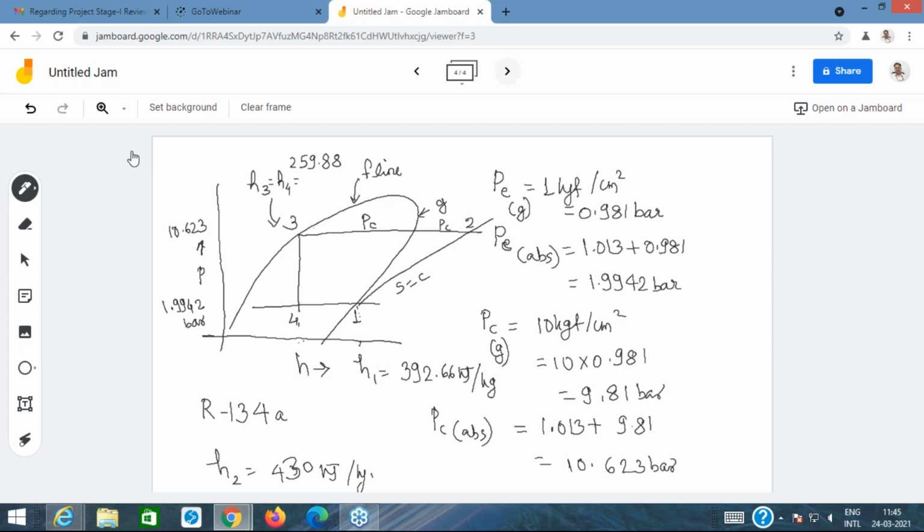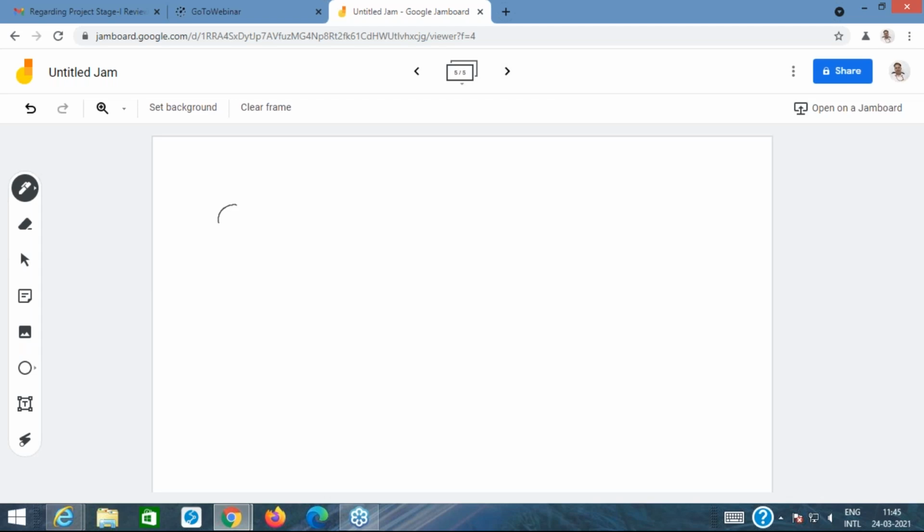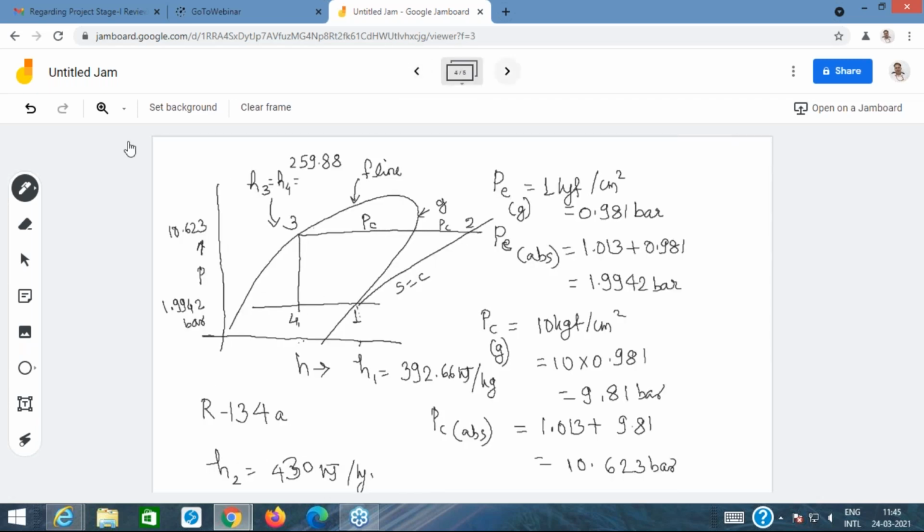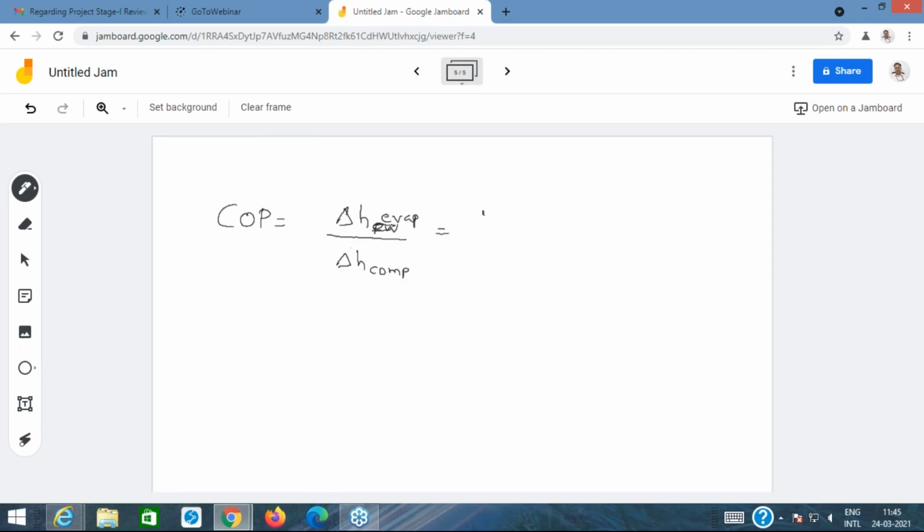If you use these values, the coefficient of performance would be the enthalpy difference across the evaporator, the refrigerating effect, upon the compressor work, meaning delta H across the compressor. Delta H across the evaporator means H1 minus H4, and across the compressor means H2 minus H1.